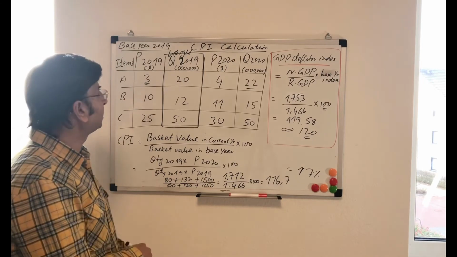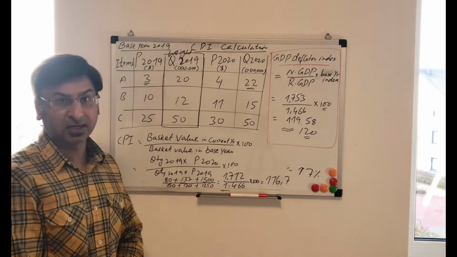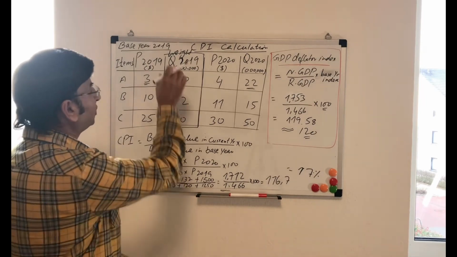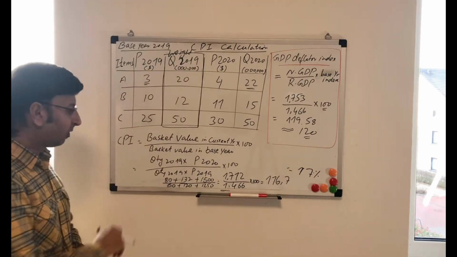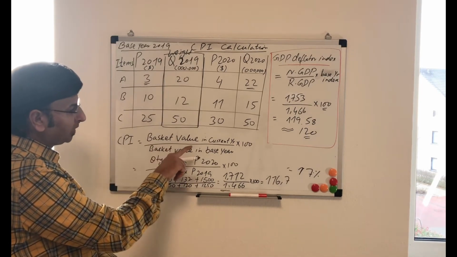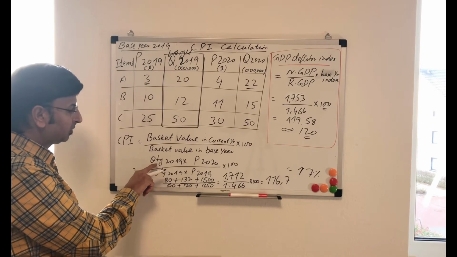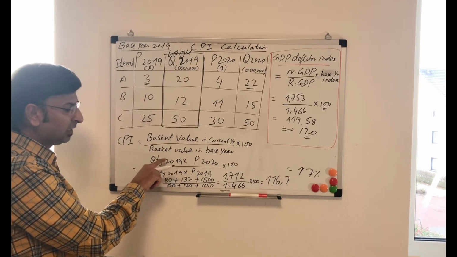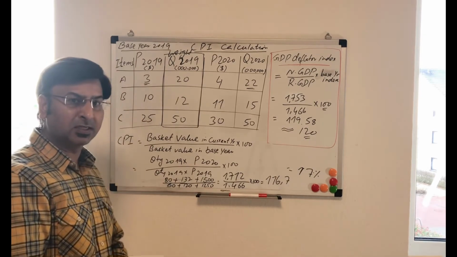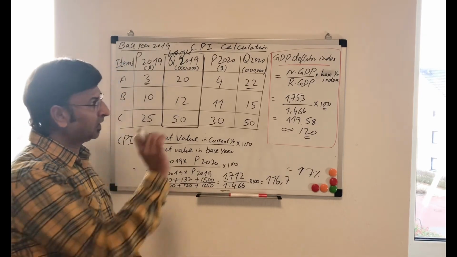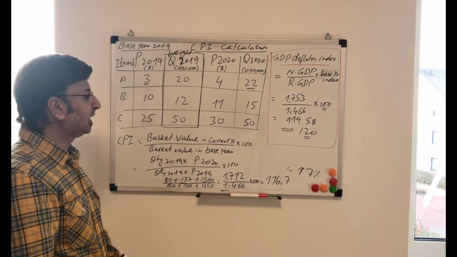Sorry for using a smaller board. This is the maximum resources I have right now. So I have to squeeze all the information on this board. So this is our weight. Now when you calculate the basket value in the current year, you need to consider the 2019 quantity and multiply with the price in 2020. And that's the difference again between the GDP deflator and CPI.